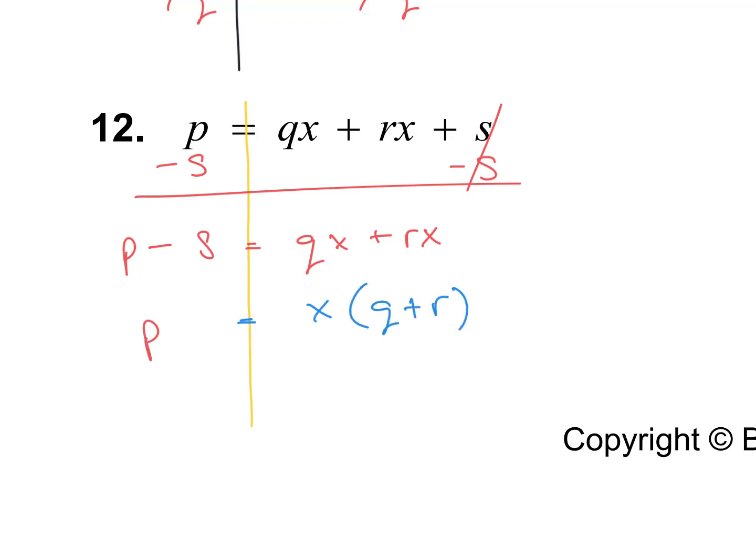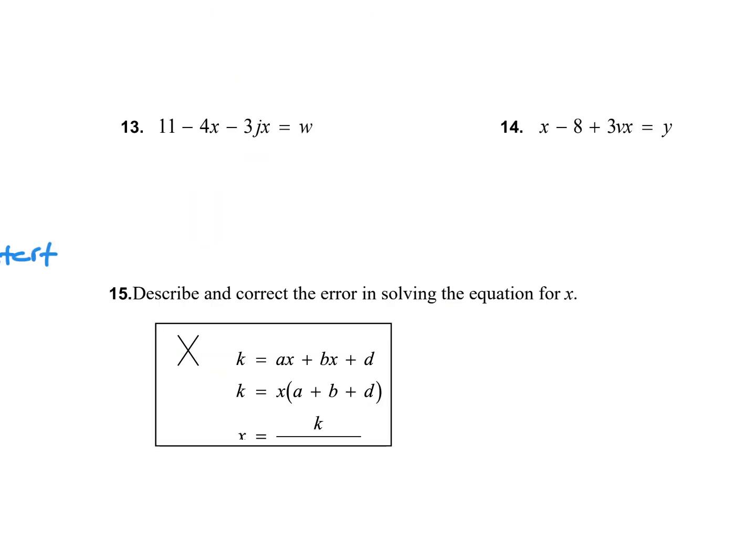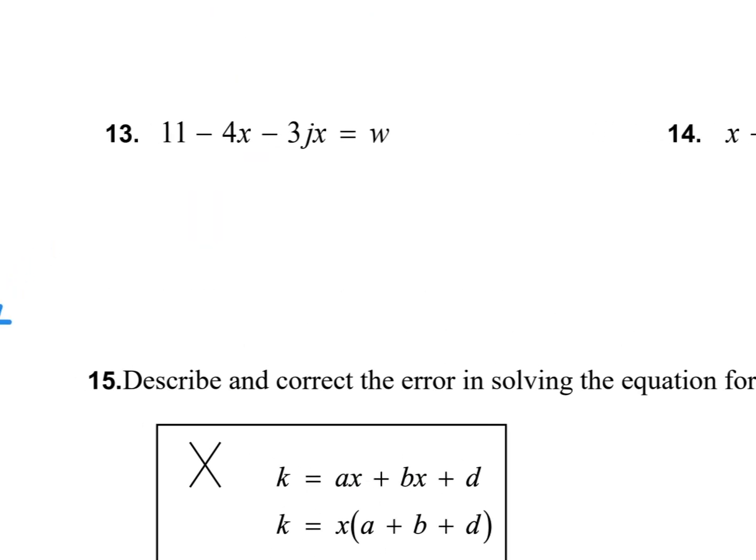And then on this side, we still have p minus s. Divide by q plus r, divide by q plus r. That's gone. We're left with x equals p minus s over q plus r. That's an ugly q plus r. Still solving for x, by the way.